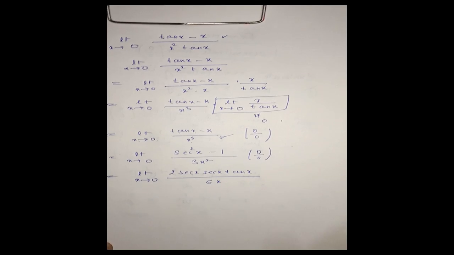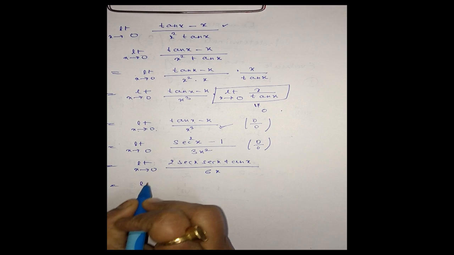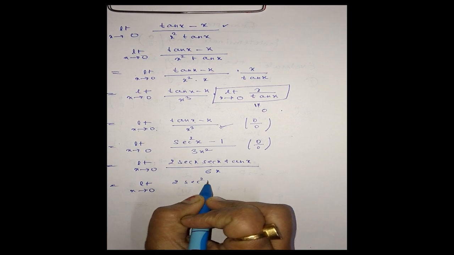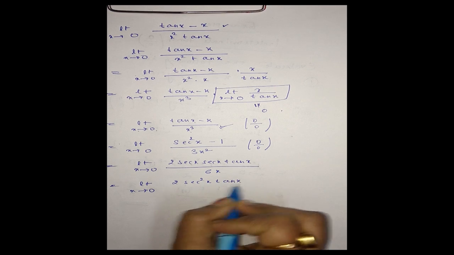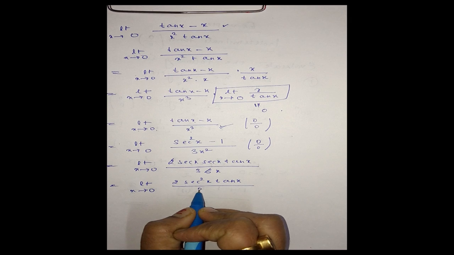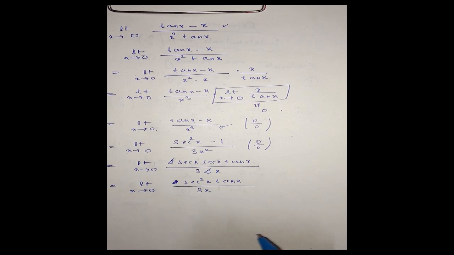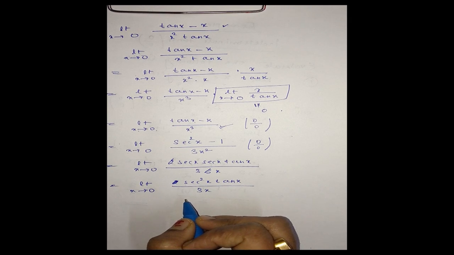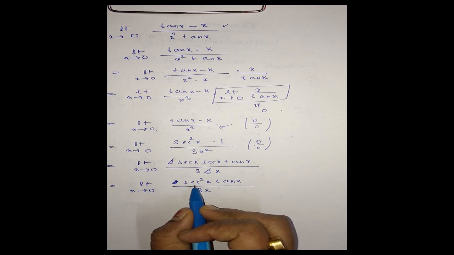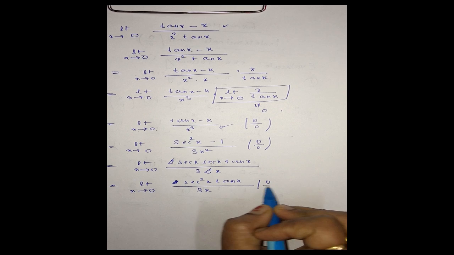Now this is the limit as x tends to 0 of 2 secant square x tan x by 6x, therefore I can write it as 3x. Now on taking limit as x tends to 0, this is again 0 by 0 form.